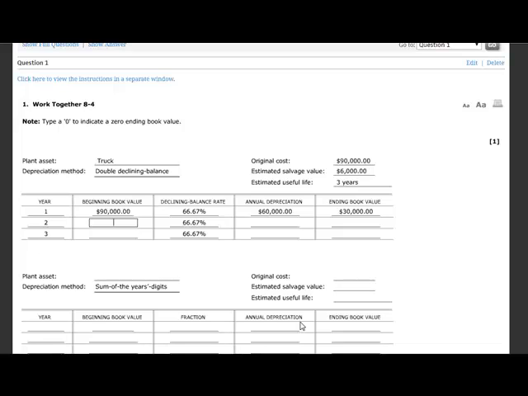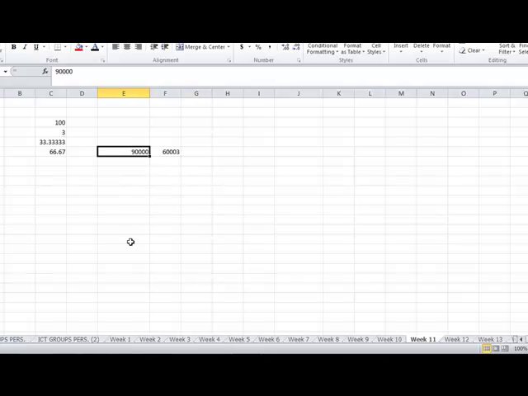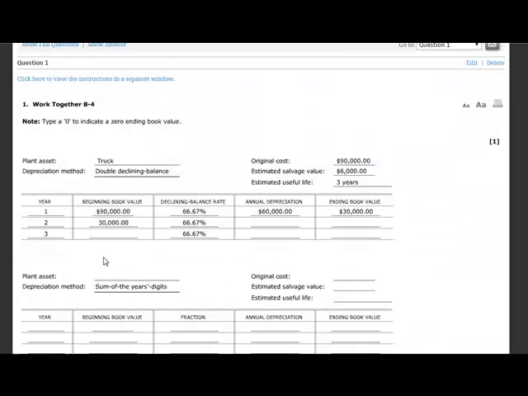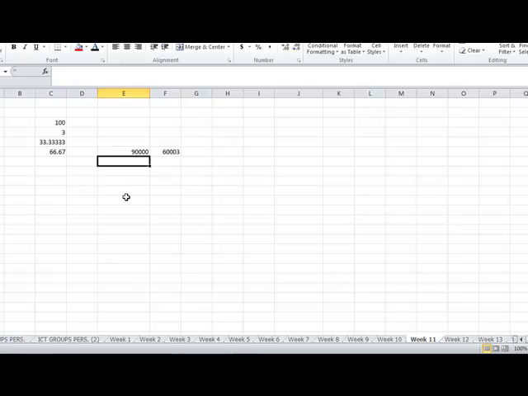What I end year 1 with is what I'm going to begin year 2 with. And we're going to repeat that process. So if I have a beginning book value of $30,000, and I take that number and I multiply it by 66.67%, I'm going to get $20,001.